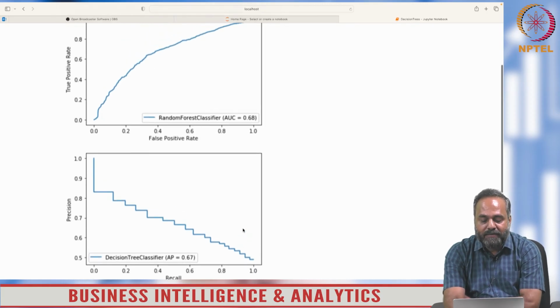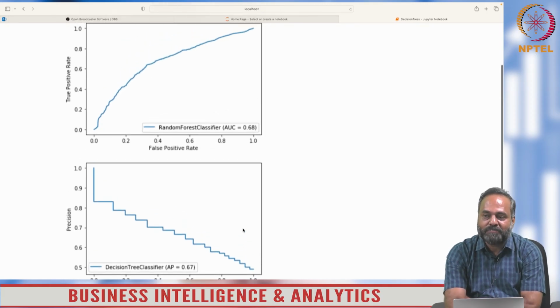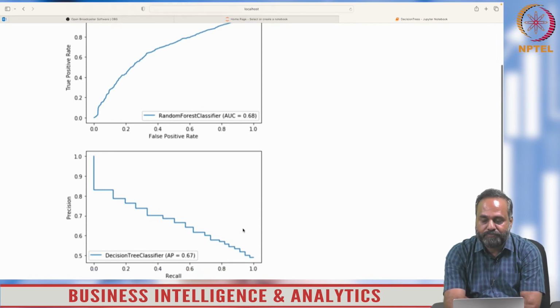What is a desirable shape of the curve for a precision recall curve? Should it be a graph like this, or like this? You want it to be bulging here, or should it be like this?